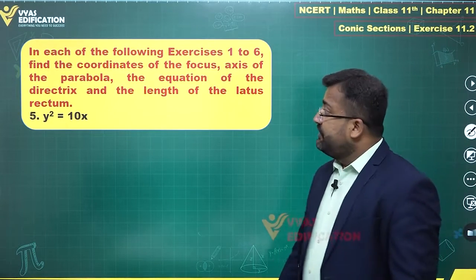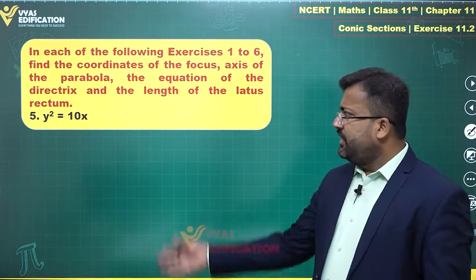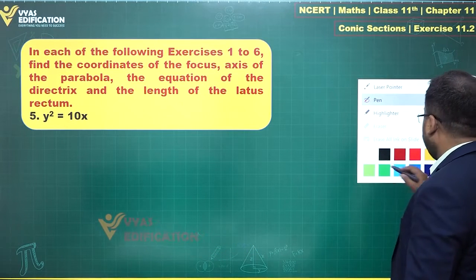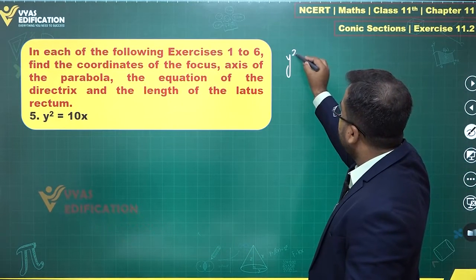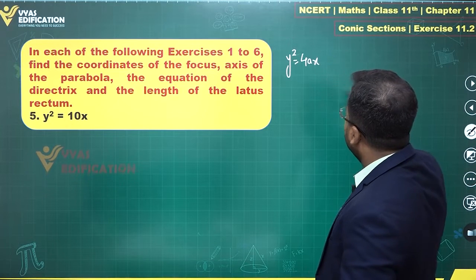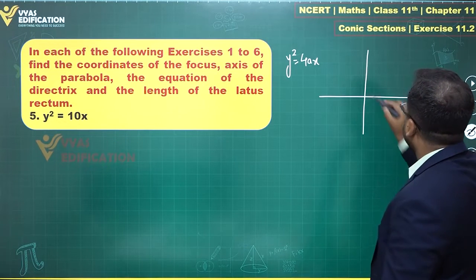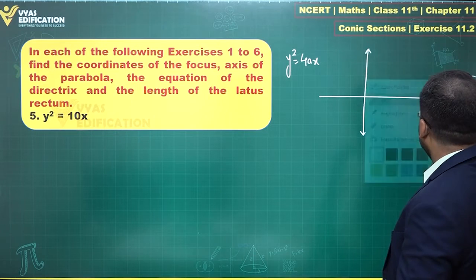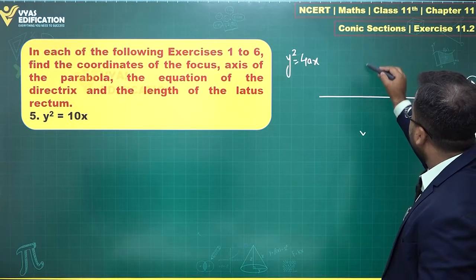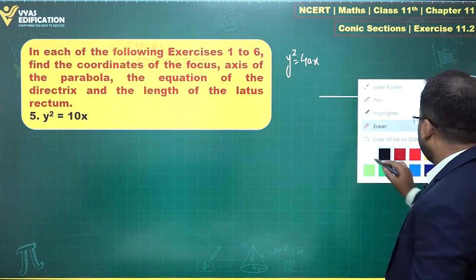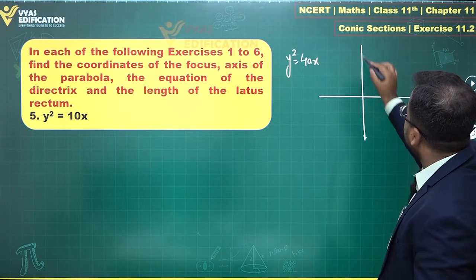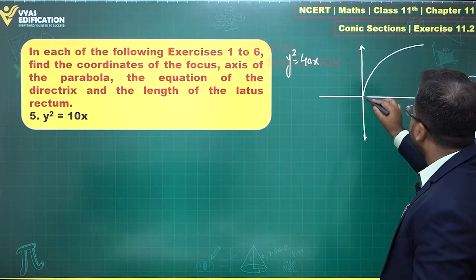The fifth question says we have y square is equal to 10x. Now, similar to the first one, this is y square is equal to 4x standard form, right? Y square is equal to 4ax. And whenever you think that you may get confused, simply draw this particular diagram. Remember the standard parabola and its diagram, right?